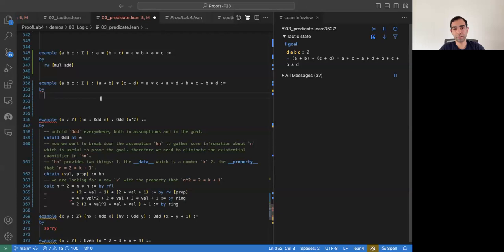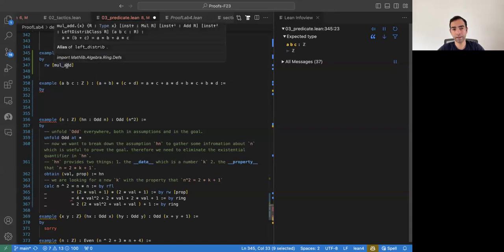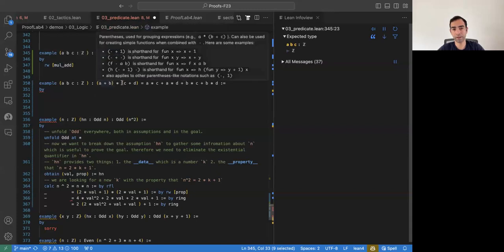Okay, so maybe we can get some idea from the previous one. I can look at this a plus b as a single term, and then it becomes something similar to this. So I can definitely use mul_add, which is multiplication distributes over addition.